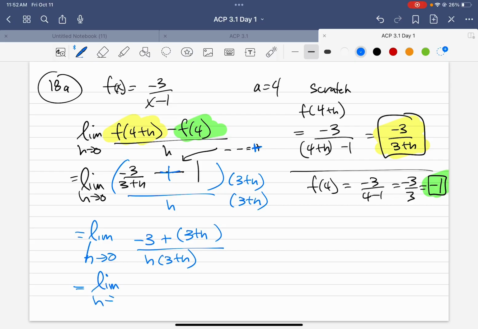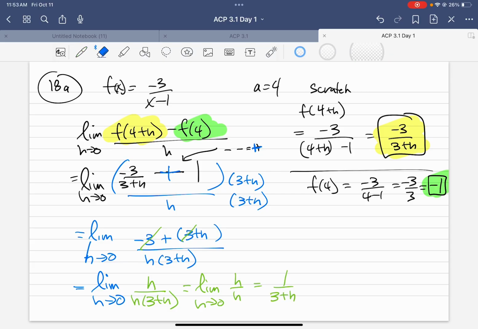How do we know we are on the right track? Because these cancel, and you just get h over h times 3 plus h. That's great because you can factor out that h over h. You're left with 1 over 3 plus h. That's not equals, that's times. That's just equal to 1.